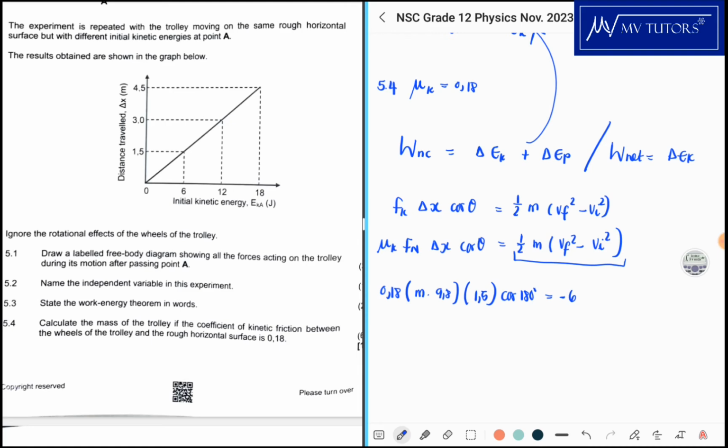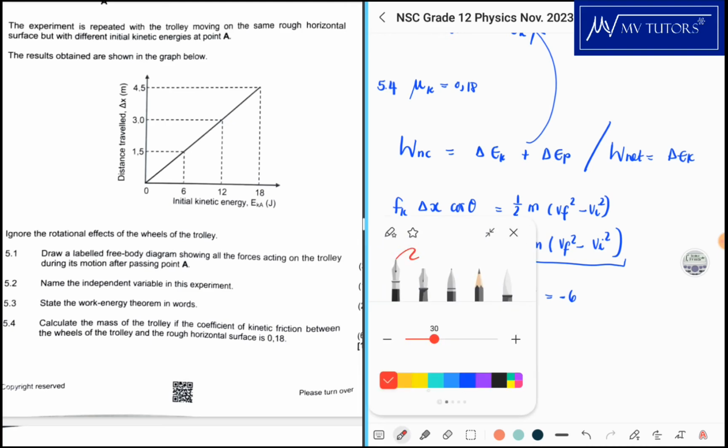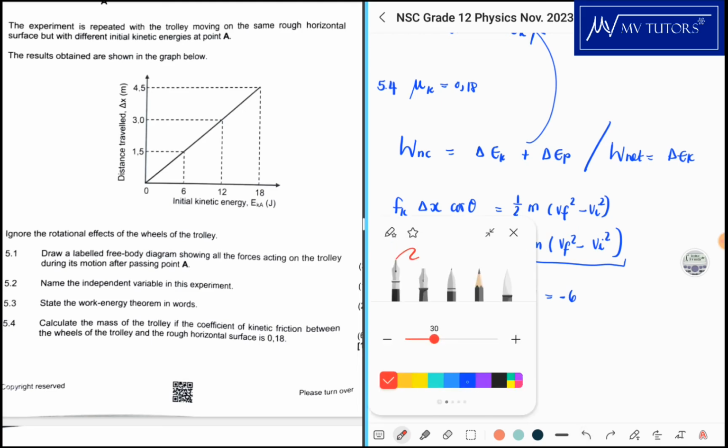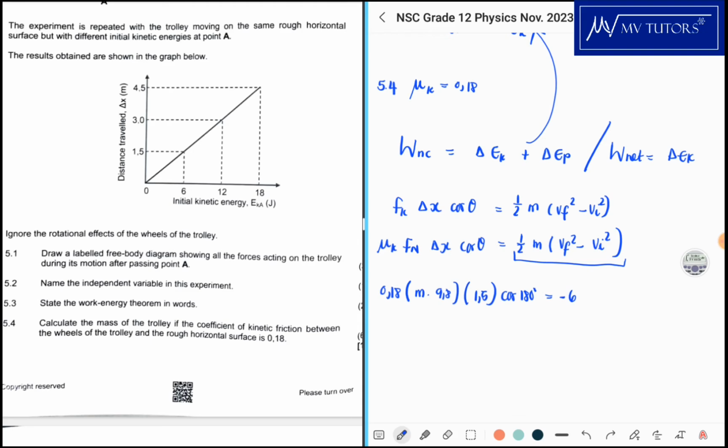If I had the velocities, it would come in at A at a certain velocity, but it would finish off at 0 because it comes to a standstill. So I would have 0 minus some velocity there. Your answer ultimately would be negative, and that's why I'm putting a negative 6 for our initial kinetic energy.